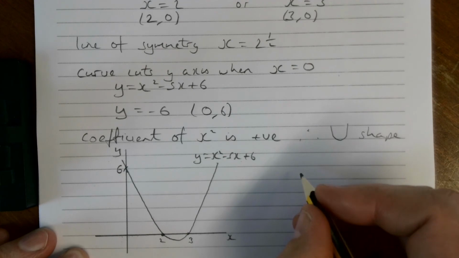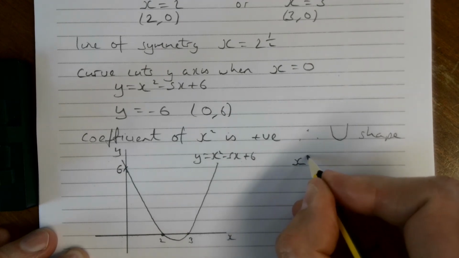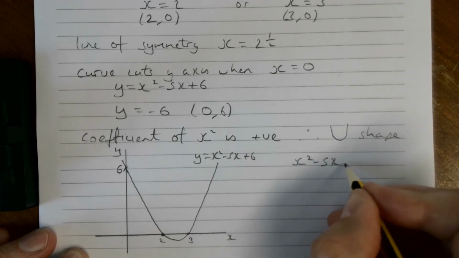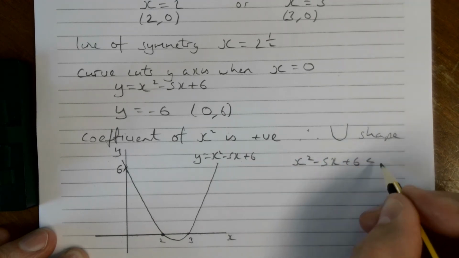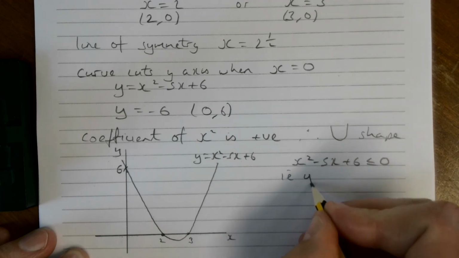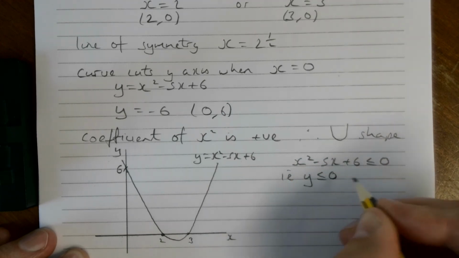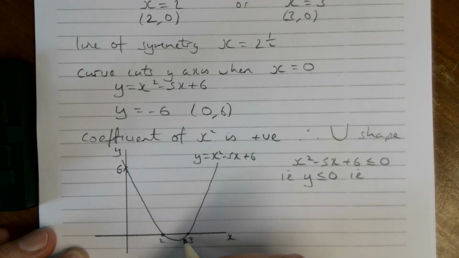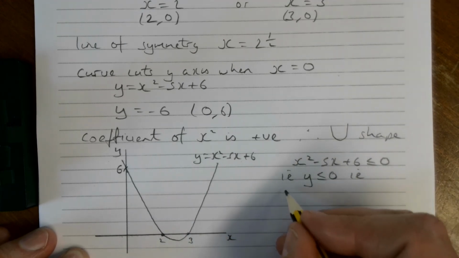The question asks us then is x squared minus 5x plus 6 less than or equal to 0, i.e. when is y less than or equal to 0, i.e. where is this graph below the x-axis.